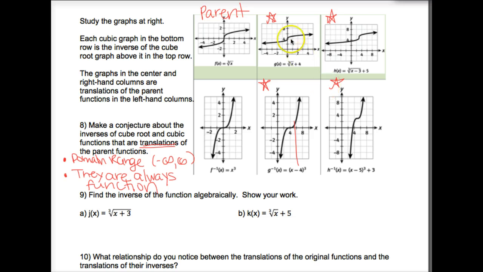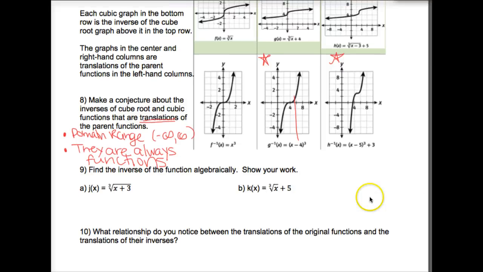So if you start with this function right here in the top middle, you wouldn't have to restrict the domain in order for the inverse to be a function, because all 4 of these are already functions. So those are just 2. If you came up with something else, I'm sure you can have me check it. But those are the 2 that I thought were quick and easy to look at.